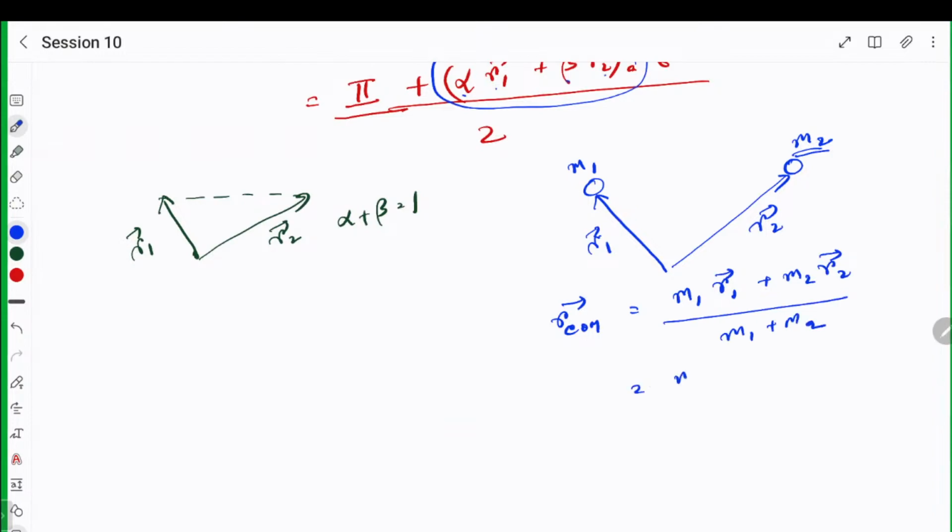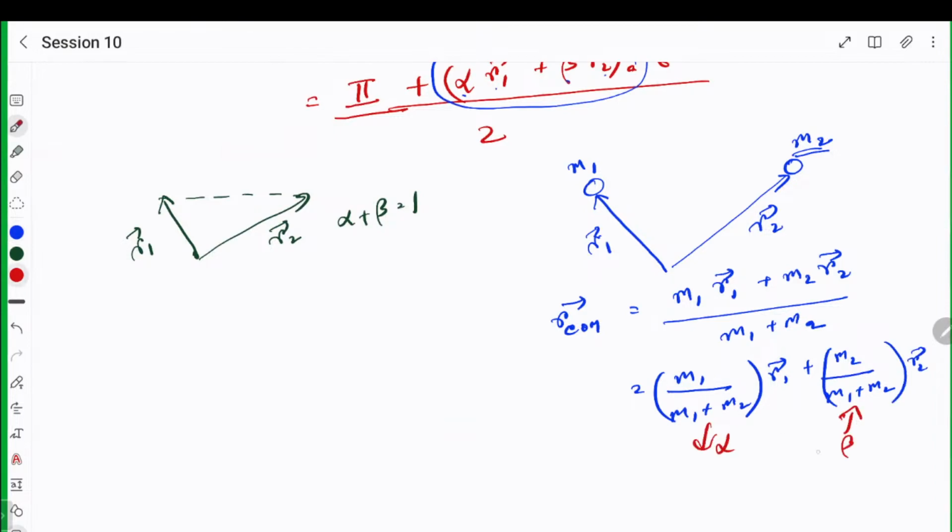So of course you can write it like this, and you can assume that this is alpha and this is beta, because again alpha plus beta equal to 1.